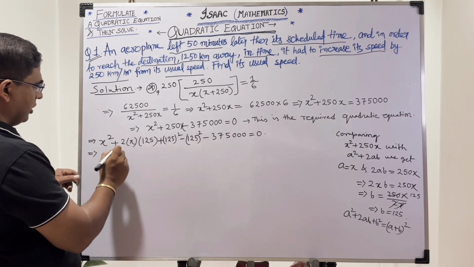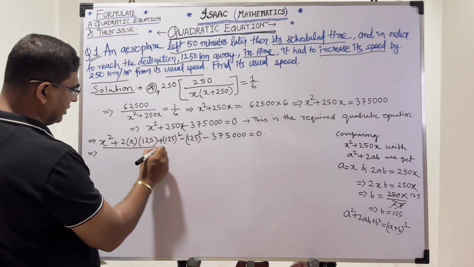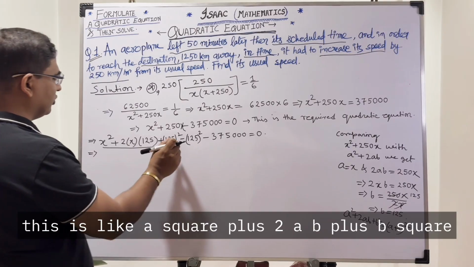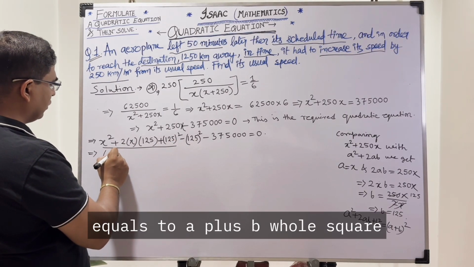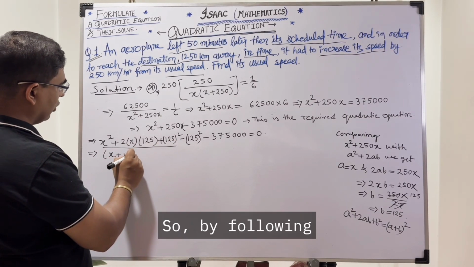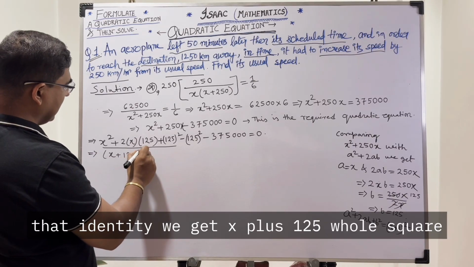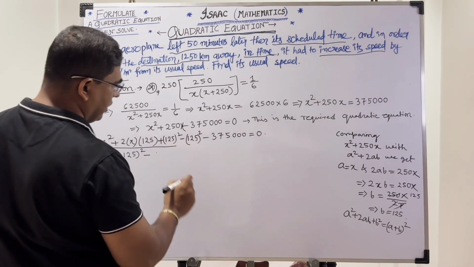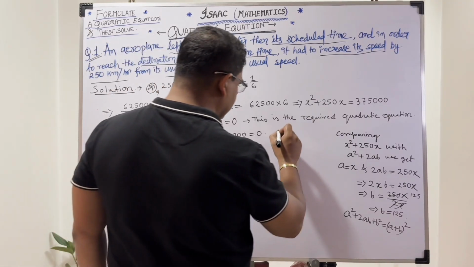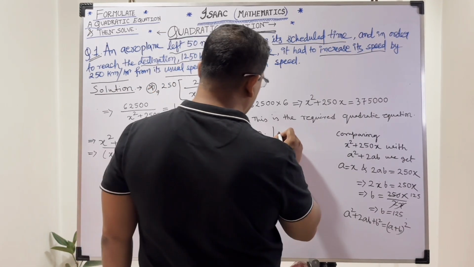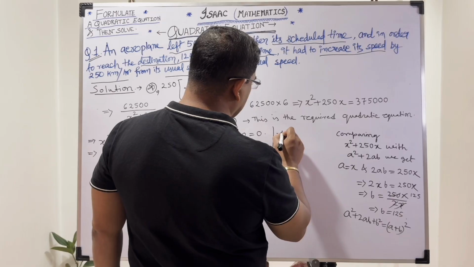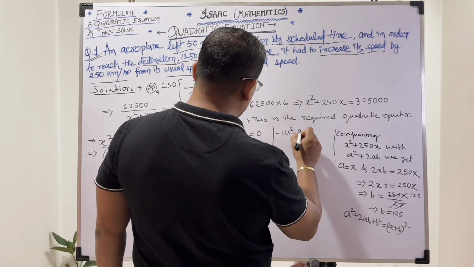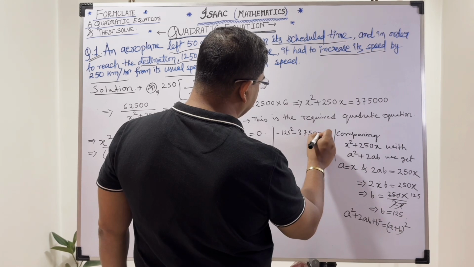Now this is like a square plus 2ab plus b square, which equals a plus b whole square. So by following that identity, we get x plus 125 whole square. Now we have minus 125 square minus 375,000.